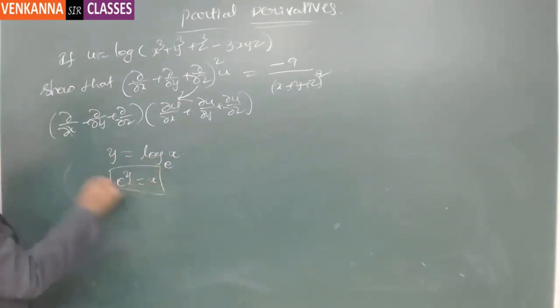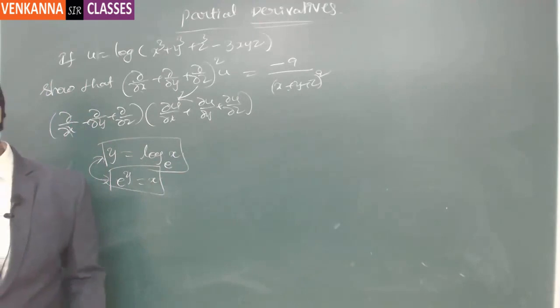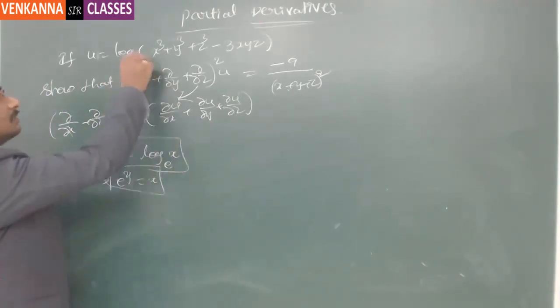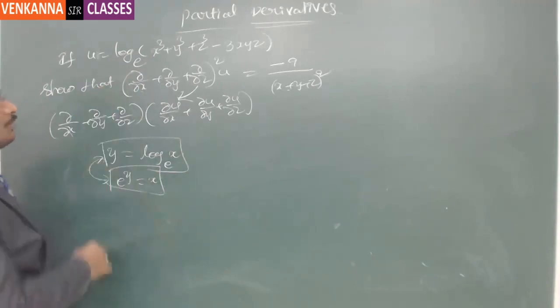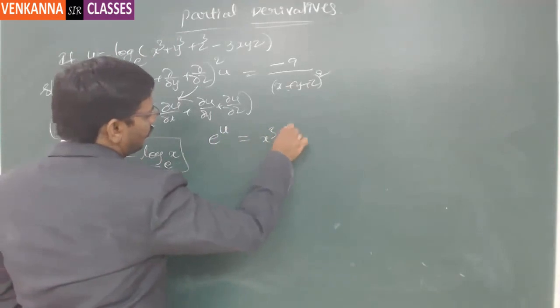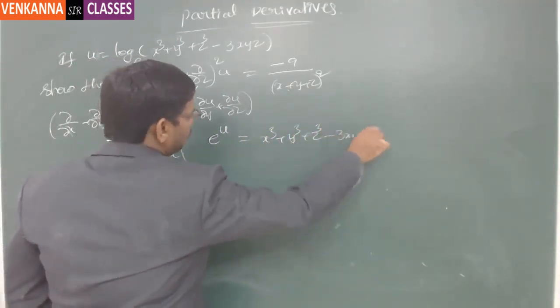This is the logarithm form and this is the index form, but both are one and the same, expressed in a different manner. So in exactly the similar manner, if you take this as base e, then e power u can be written as x cube plus y cube plus z cube minus 3xyz.